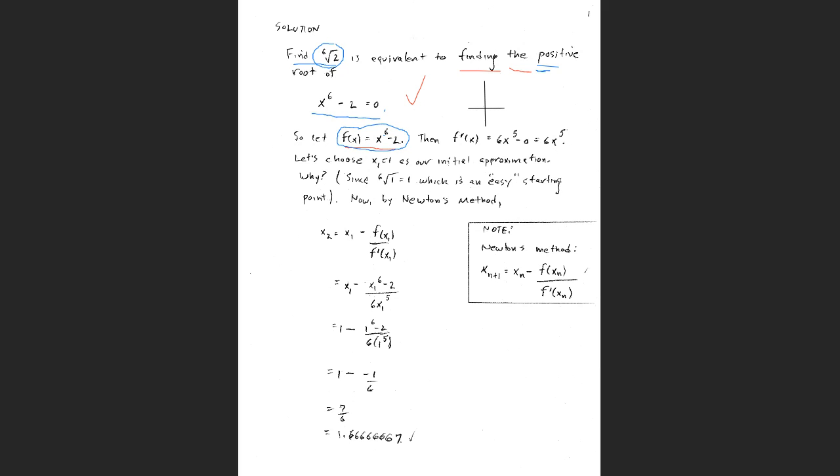If you were to graph x to the 6 minus 2, your graph would look like this. It's symmetric, so the left side looks like the right side. Let me try to be a little bit neater here.